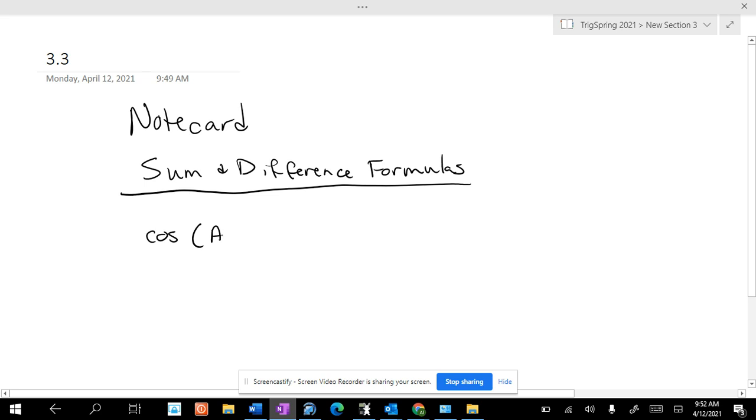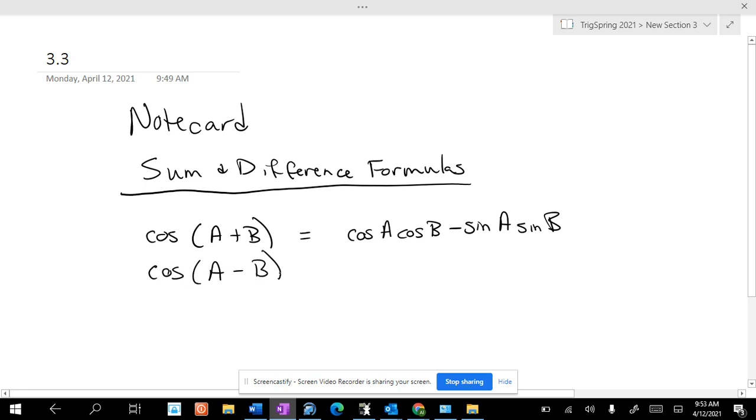Cosine of A plus B equals cosine of A cosine of B minus sine of A sine of B. And none of this will make sense until we actually do a few problems, but the second one, cosine of A minus B is the exact same thing except the sign in between is opposite.